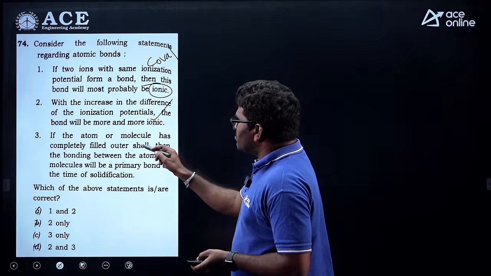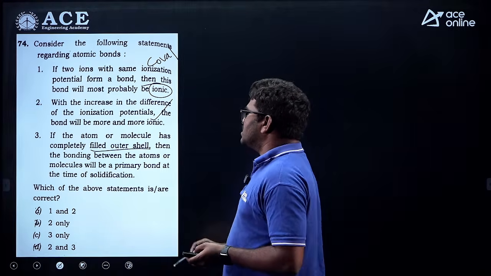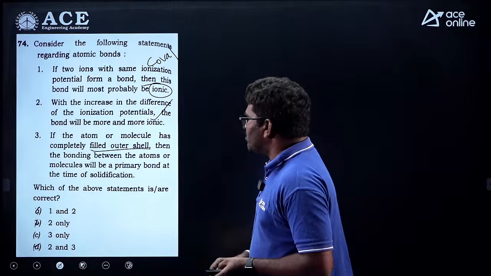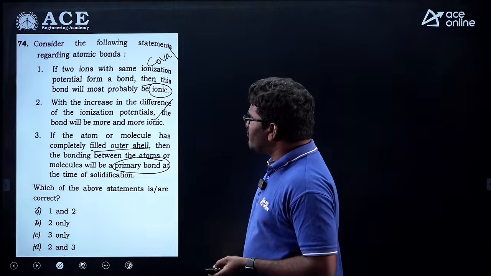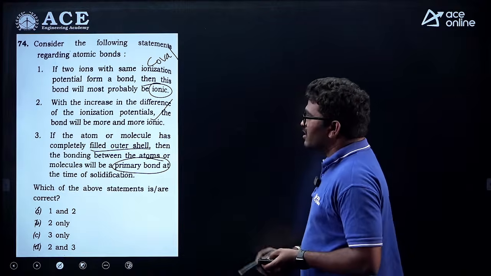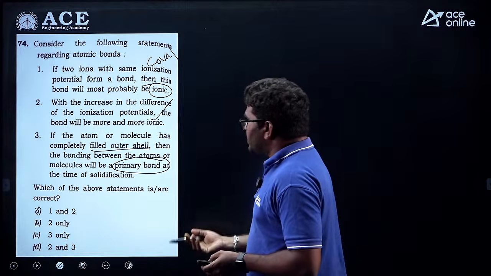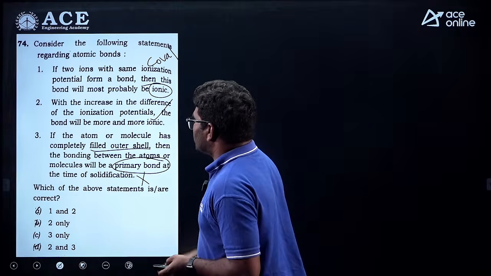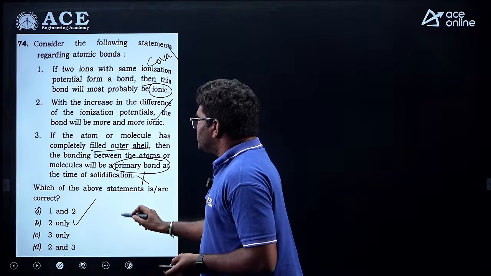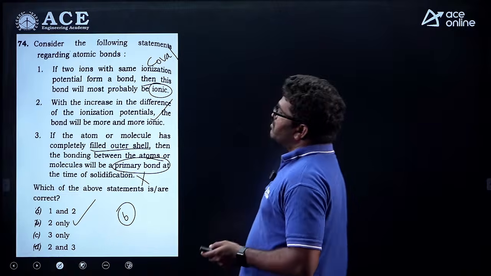If the atoms or molecules have completely filled outer shells, then the bonding between them will be a primary bond. It is not correct. If all the electrons are filled in the outer orbital, they become noble gases, so intermolecular secondary bonds are formed. So this statement is also not correct. So only B is the answer for this question, only the second statement is correct.